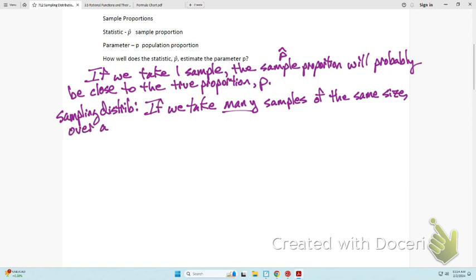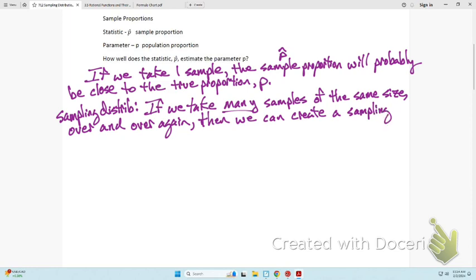We do this many times. Then we can create a sampling distribution of sample proportions.